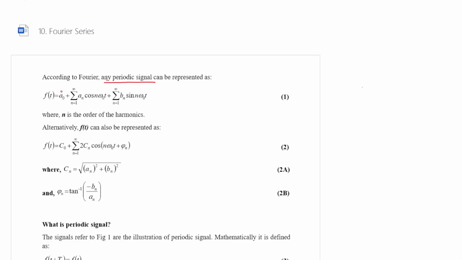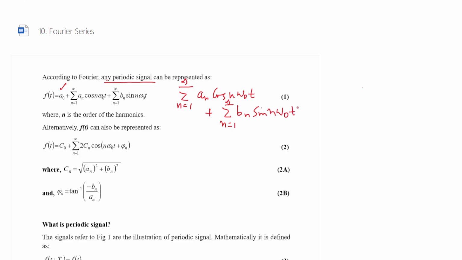So f(t) is equal to a0 plus summation n from 1 to infinity of an cos n omega naught t, plus summation n equal to 1 to infinity of bn sin n omega naught t.